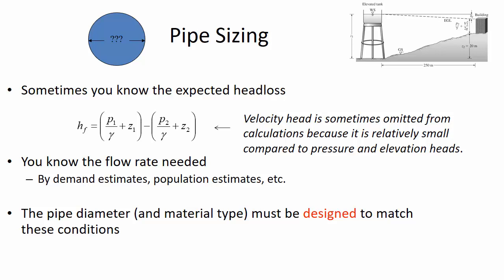So in other words, with a small pipe, you're going to need a very high elevated tank to have enough energy to push it through the pipe and overcome the resistance associated with a small diameter pipe. On the other hand, if you have a really big pipe, it will be easy for the flow to get through that pipeline. There will be less head loss for a certain velocity.